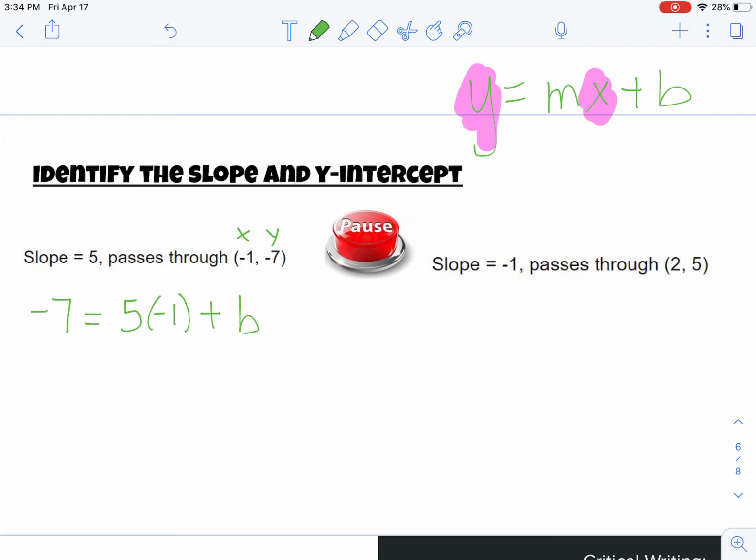So I don't know what b is, okay? So let's solve for this and let's get b. So I get negative 7 is equal to 5 times negative 1, which is negative 5, plus b. All right, I want to solve for b, so let's put plus 5 on both sides. And I get that negative 7 plus 5 is negative 2 is equal to b.